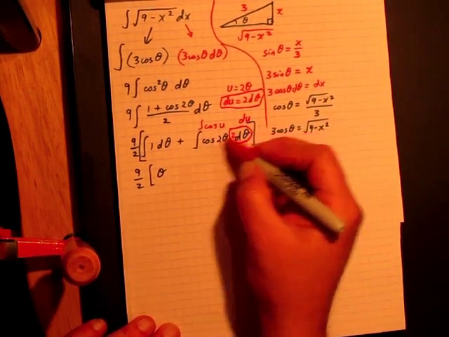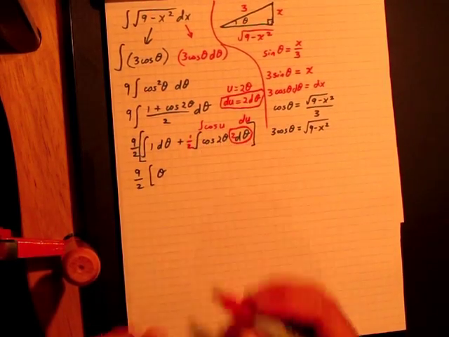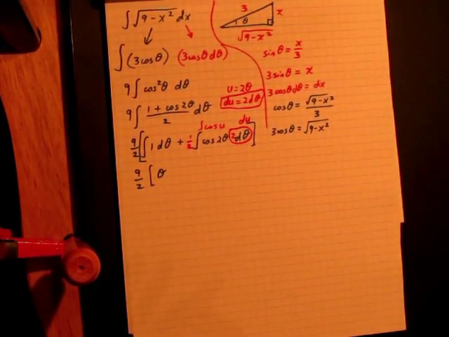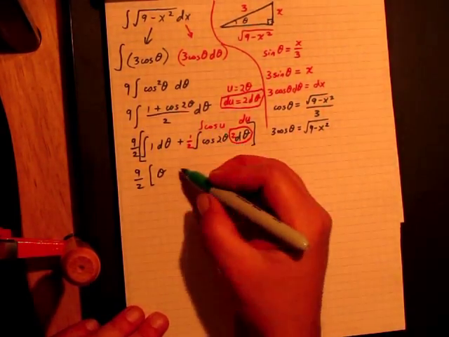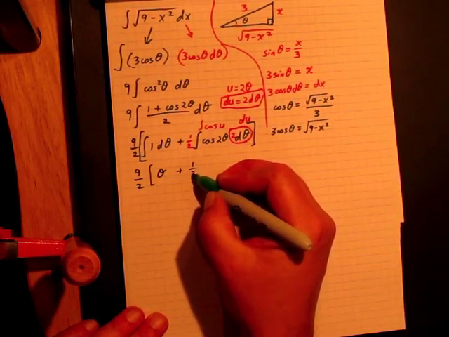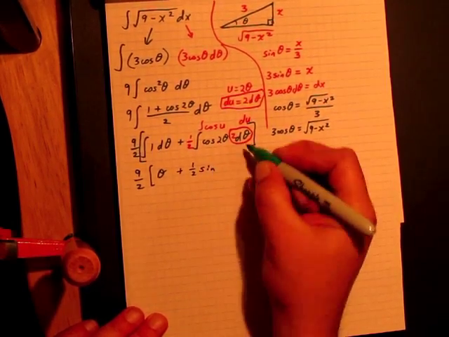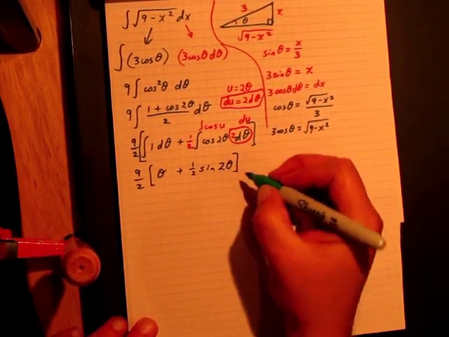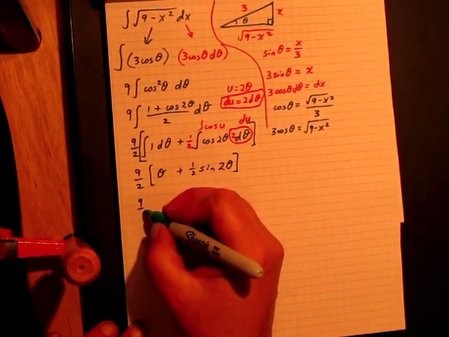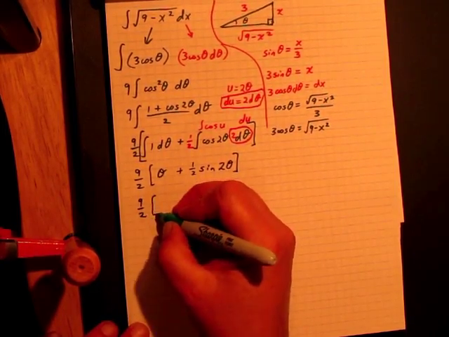That becomes a du, and its reciprocal on the outside. And the integral of cosine, or what do you take the derivative of to get cosine, is sine. So it would be sine of u, or in this case sine of 2 theta. So I'll keep my 9/2 out front.